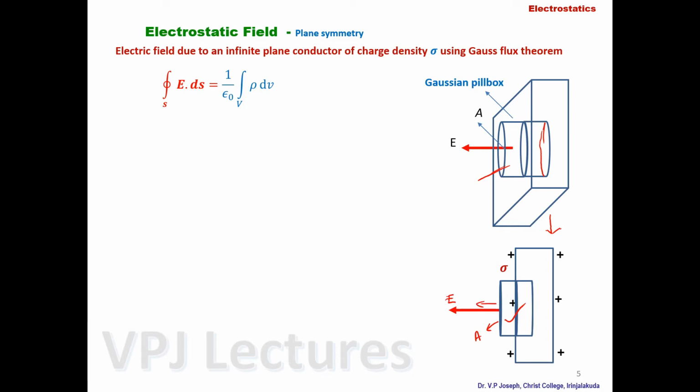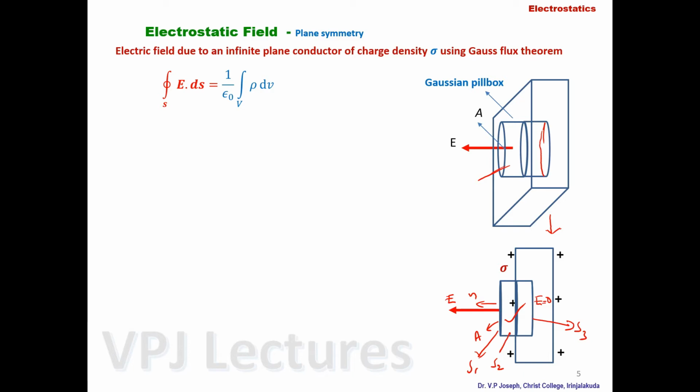The difference between the previous case and this case is that inside there is no electric field, so E is equal to 0 inside, so the contribution from the S3 part is zero. This is the S1 part, and this is the curved part, S2, of the Gaussian surface. And here the contribution is only from the S1 part of the Gaussian surface.